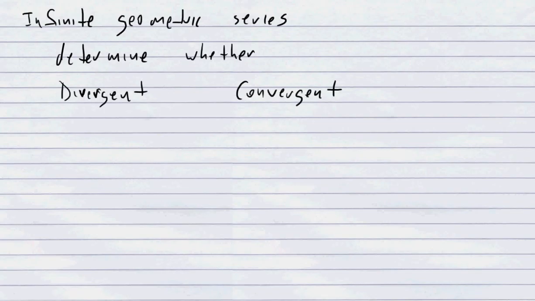And if it is convergent, which is actually the kind of geometric series that we're interested in, we want to find the sum. So right here, if convergent, find sum.